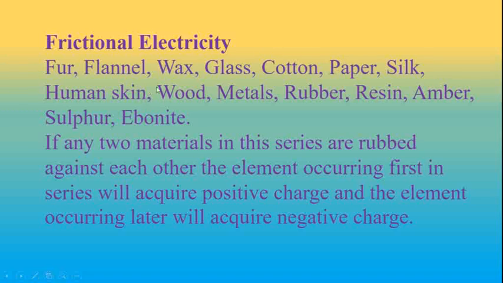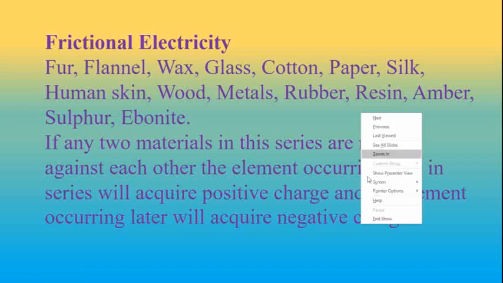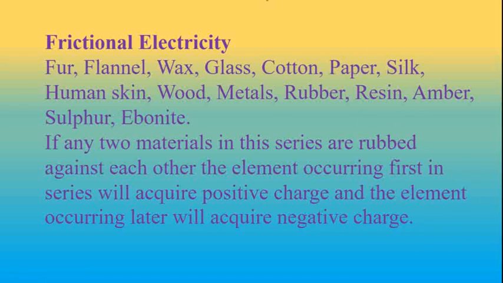So how is it produced? By rubbing two materials. If any two materials in the series are rubbed against each other, then the element occurring first in the series will acquire a positive charge and the element occurring later will acquire a negative charge. Suppose we take a rod and a silk cloth.